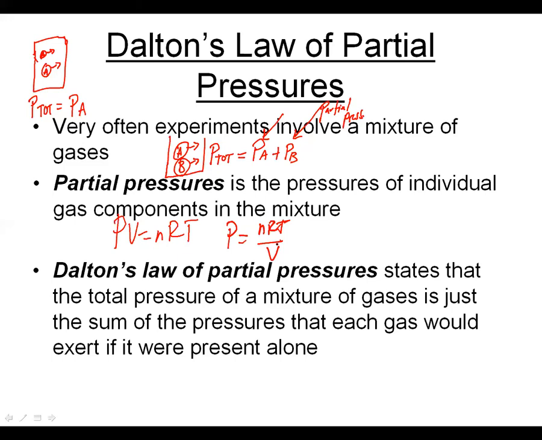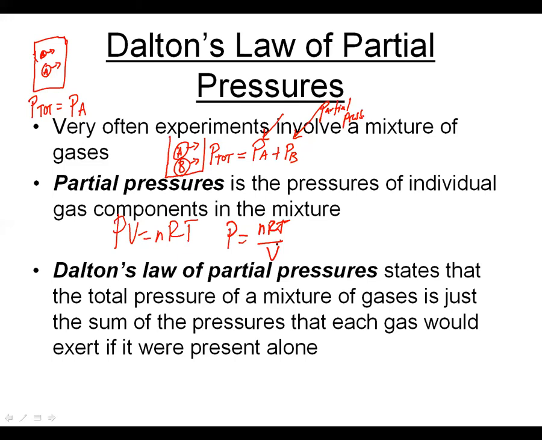It's an ideal situation, and the pressure of one will not really have an effect on the pressure of the other as they're flying around or perhaps colliding with each other. So we would take each gas and almost treat them separately, as if they were in there by themselves, and use the ideal gas law to solve for P for each gas.